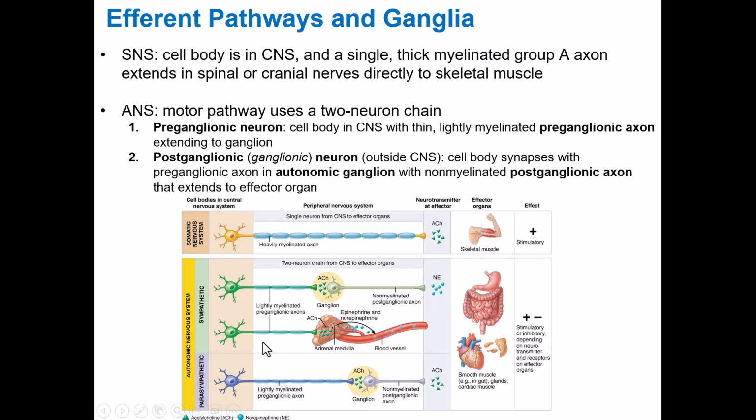This is the only time where the autonomic nervous system only needs one neuron to get there. At every other instance, autonomic neurons need two neurons to get from the central nervous system to the effector. The first neuron is called the preganglionic neuron. The second neuron is called the postganglionic neuron.